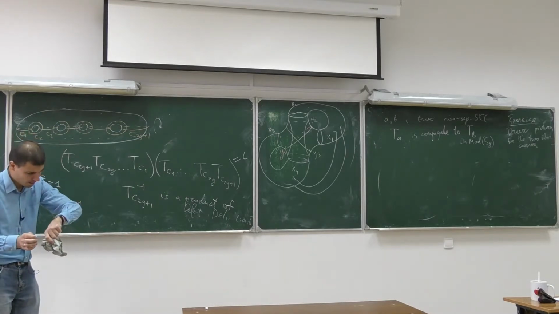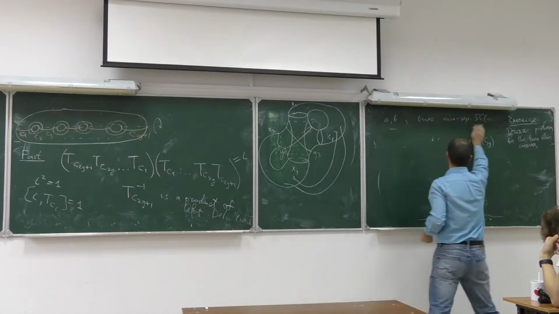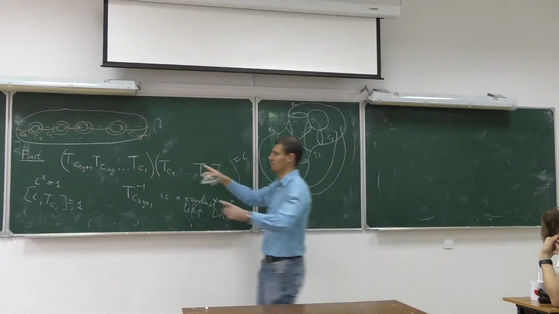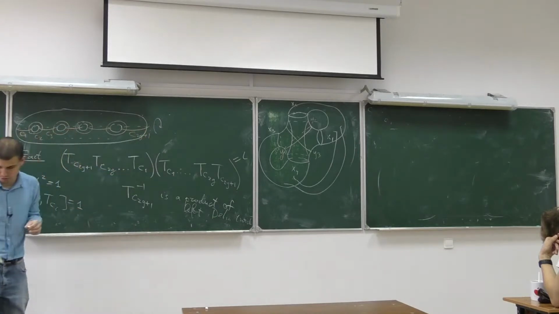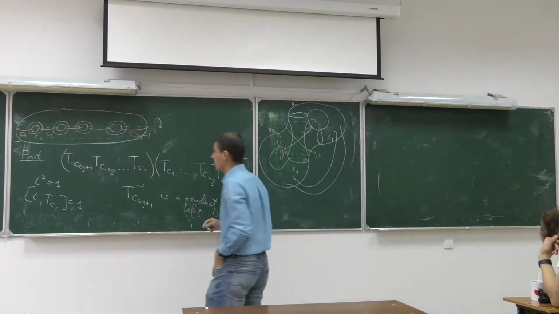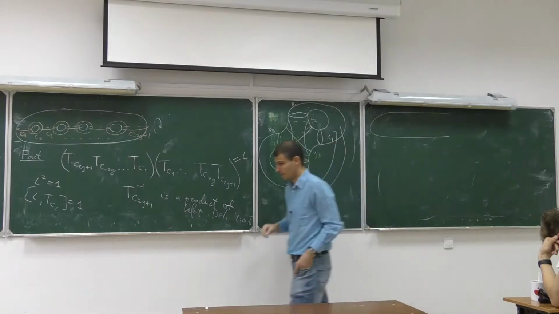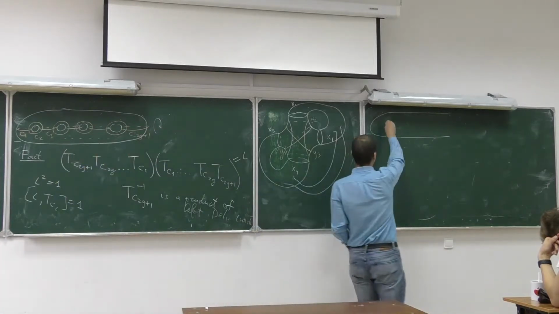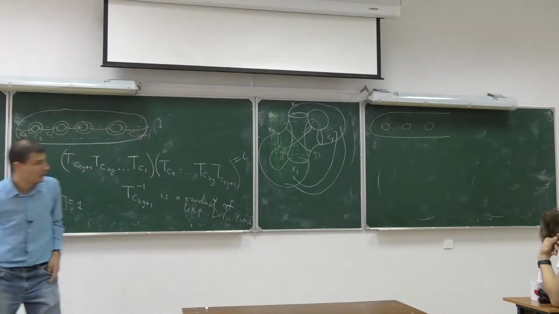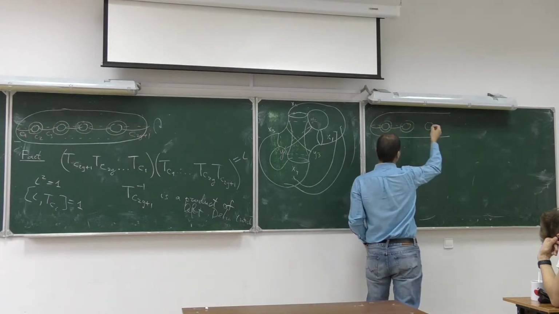Okay, and another relation is in a similar situation, but when we have a shorter chain, not the maximal chain of 2g plus 1 curves, but sometimes we have a shorter chain of k curves. And here there are two important cases.